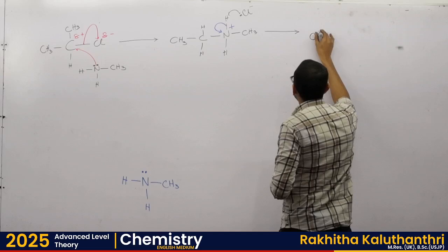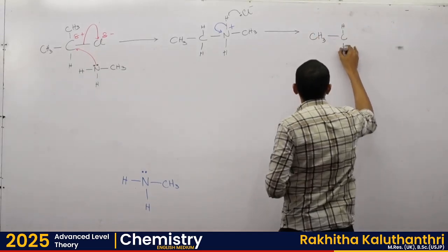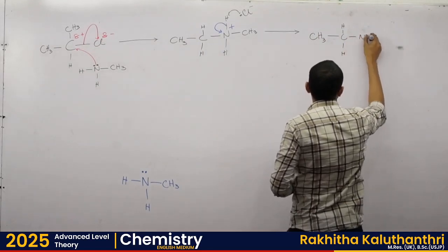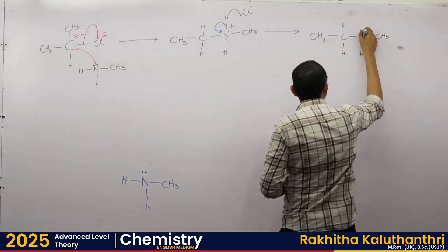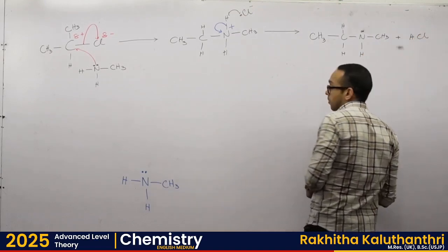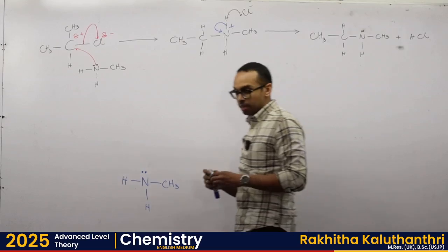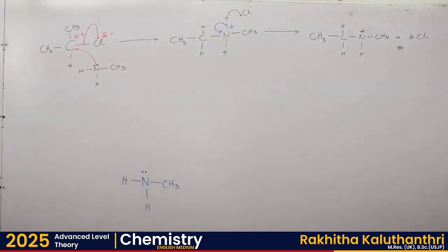So it eventually forms something like this. Is that clear? You should be able to draw the mechanism, students. Right? You should be able to figure it out. Okay?